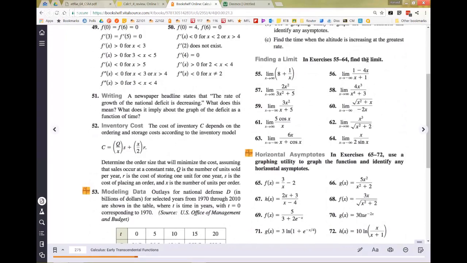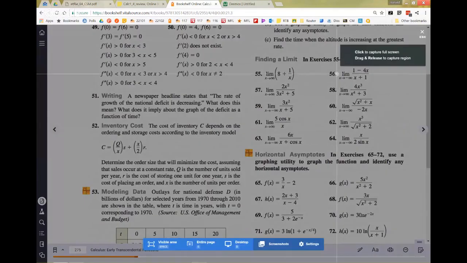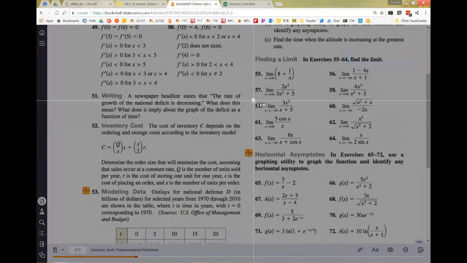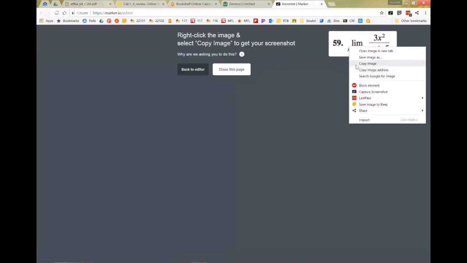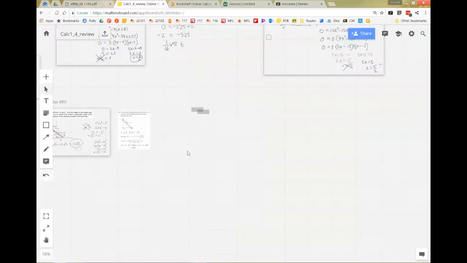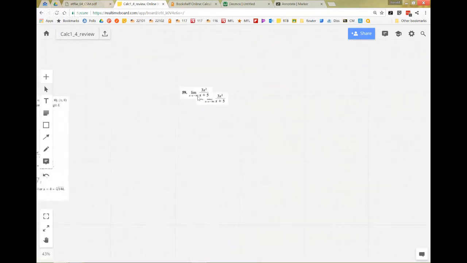Here we go. Okay, it's a limit. So what's the limit? As x approaches negative infinity, what's going to happen to this?